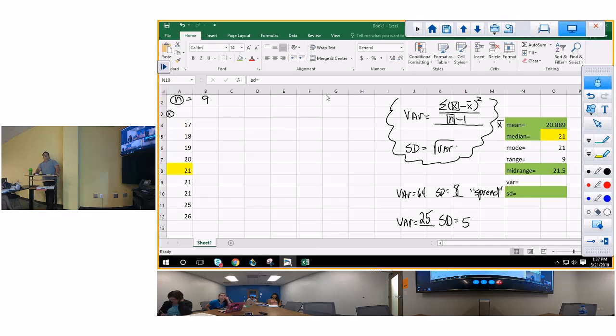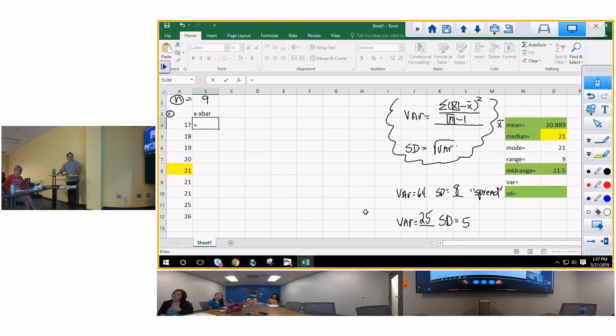Take your second column in your notebook, and we're going to make a second column called X minus X bar. And I want you to take your calculator and subtract 20.889 from every one of those numbers and write them in that column. I'm going to do it on an Excel spreadsheet so you can check your numbers.